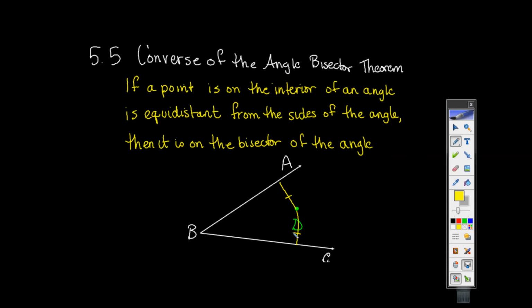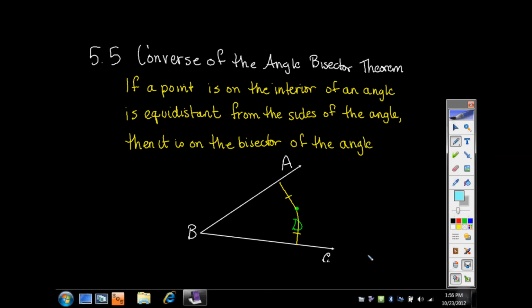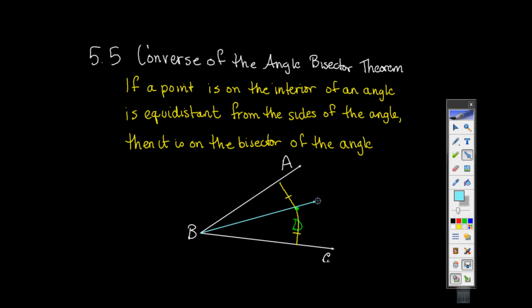So if I draw a line or a ray through there, it becomes the bisector. So the angle bisector theorem tells me if I have a bisector and I pick a point on it, then it's the same distance from each side. The converse, going backwards, is if I have an angle and I find a point in the middle that's the same distance, then I can draw a bisector through it.